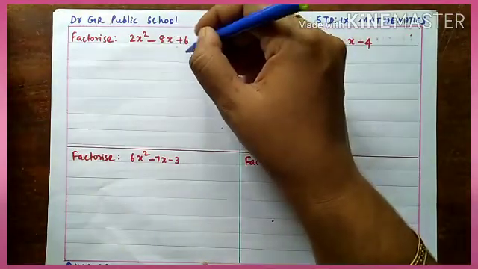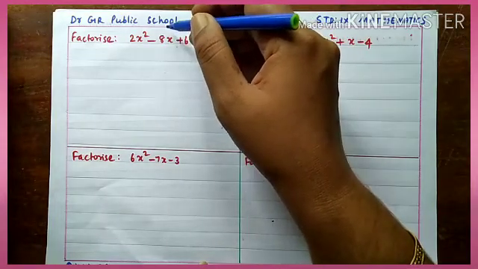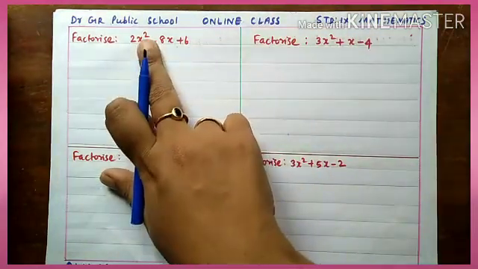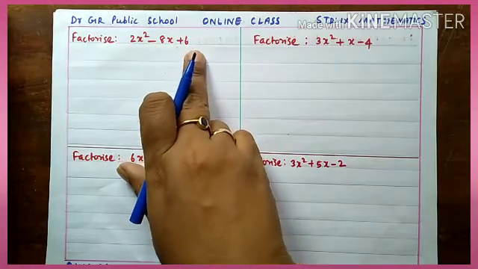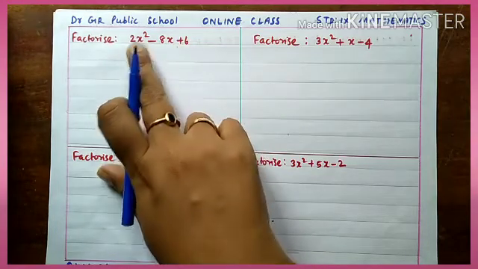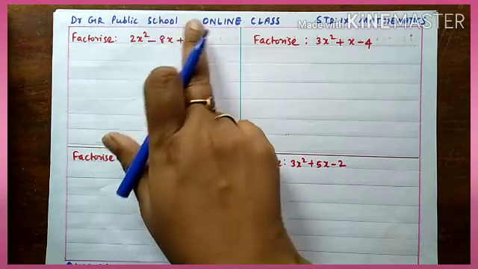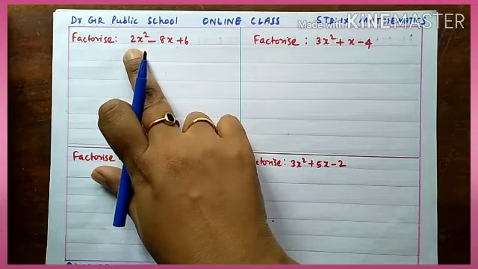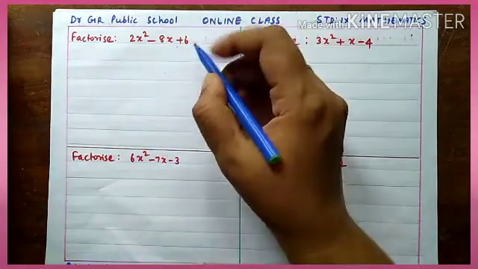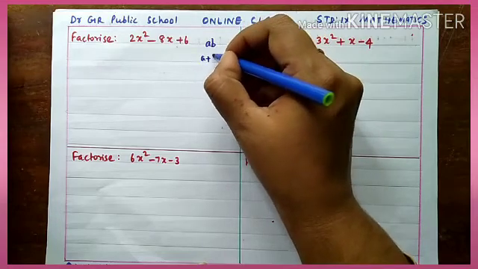We will consider the constant term as the product of two numbers and the middle term as the sum of two numbers. But ax square plus bx plus c is the general form of a quadratic polynomial, and if the coefficient of x square is not equal to 1, then we want to consider the product of the two numbers as a times c, and the sum of the two numbers as b.